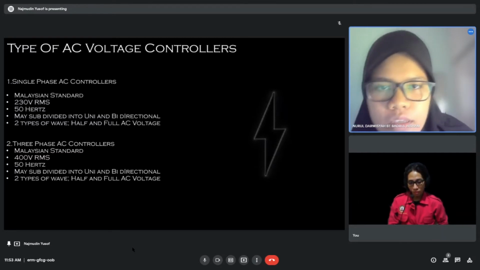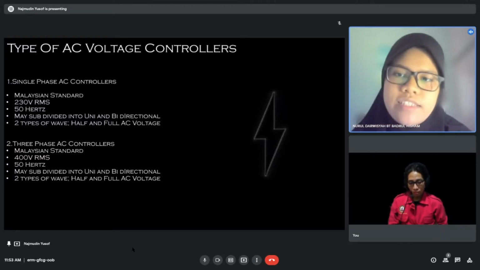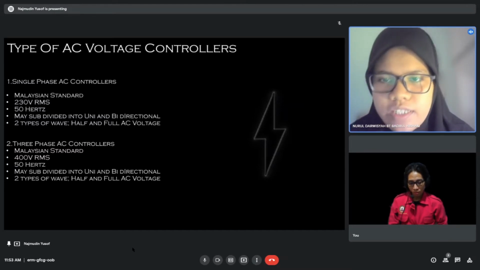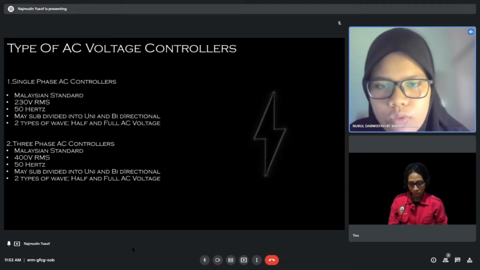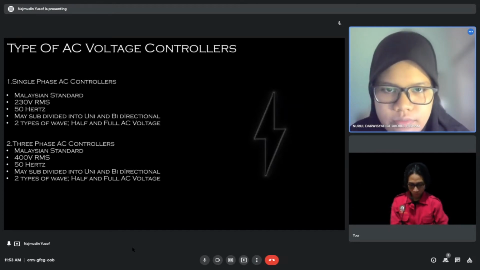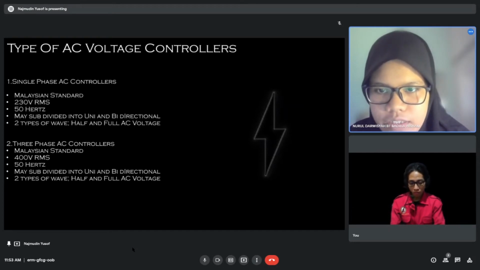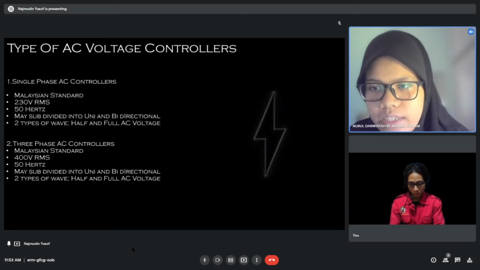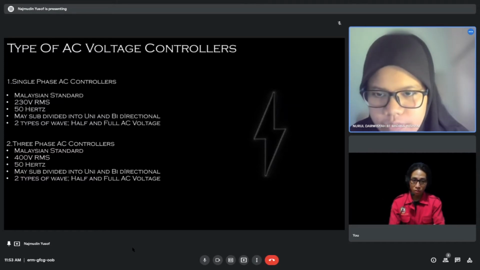Second, three-phase AC controller, Malaysian standard 400 volt RMS, 50 Hz. May subdivide into unidirectional and bidirectional. Two types of wave, half and full AC voltage.